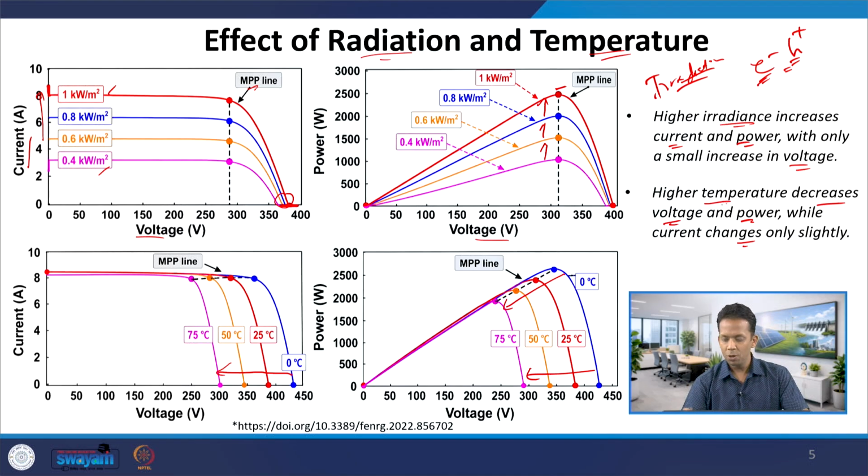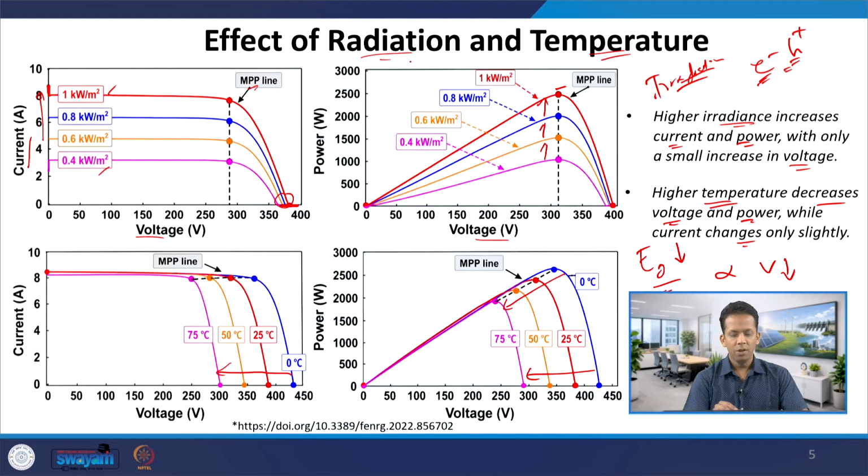Whereas, in case of temperature, higher temperature increases the saturation current of the diode, and when that saturation current of the diode is increased, it reduces the band gap or the energy gap of the semiconductor, and that is why it reduces the voltage, and hence since current is constant, at reduced voltage we will get reduced power.